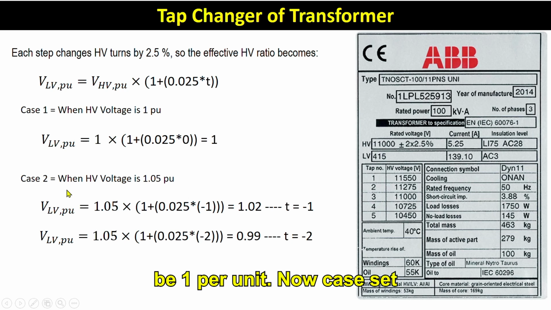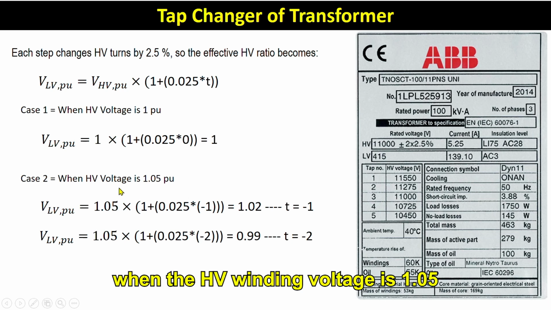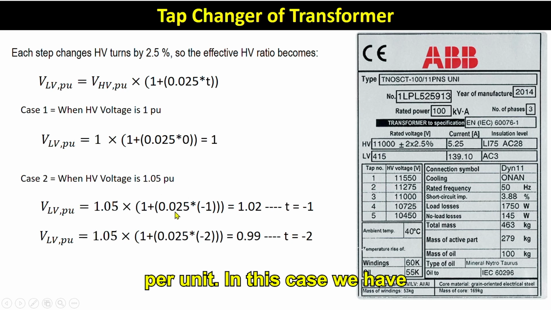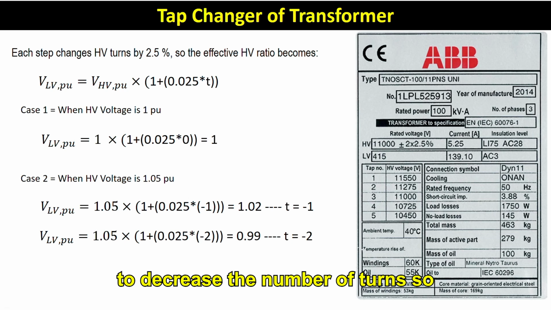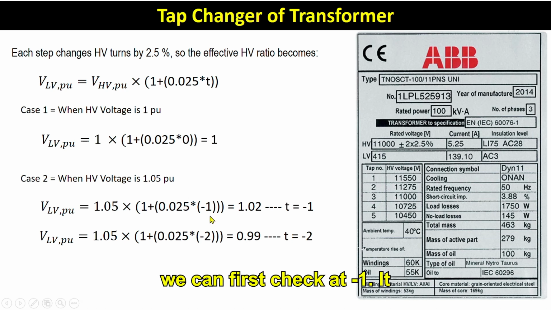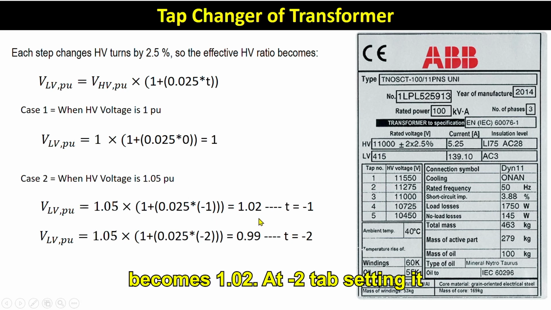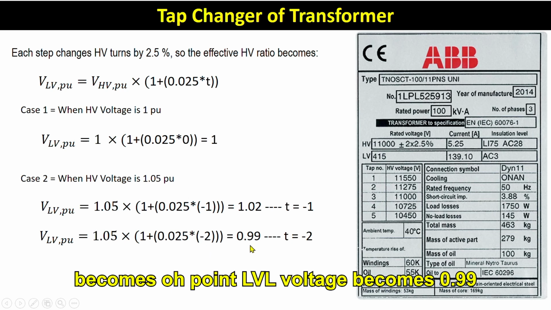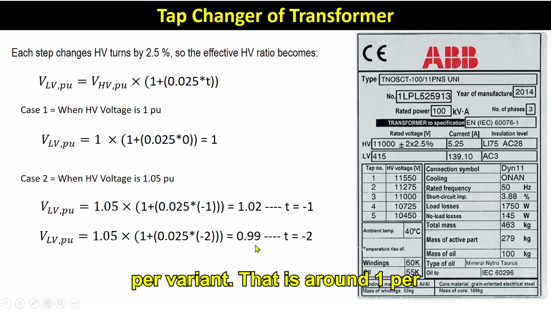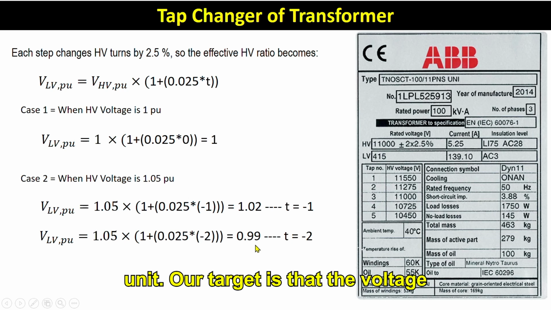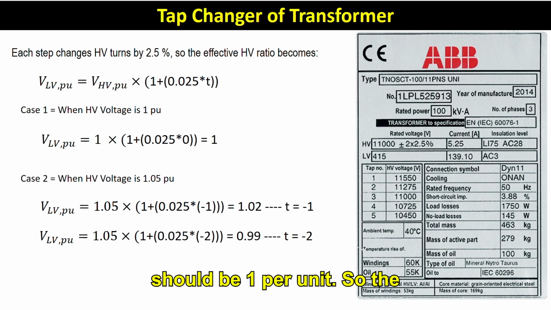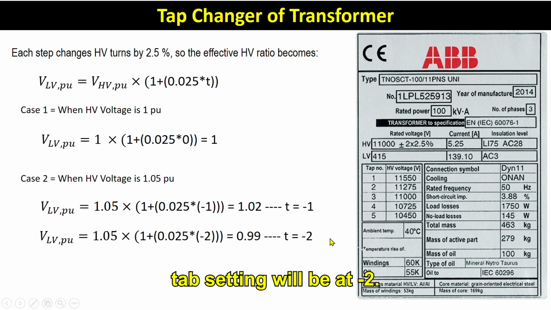Now the case when the HV voltage is 1.05 per unit. In this case we have to decrease the number of turns ratio. So we first check at minus 1, it becomes 1.02; at minus 2 tap setting it becomes 0.99 per unit, that is around 1 per unit. Our target is that the LV voltage should be 1 per unit, so the tap setting will be at minus 2.